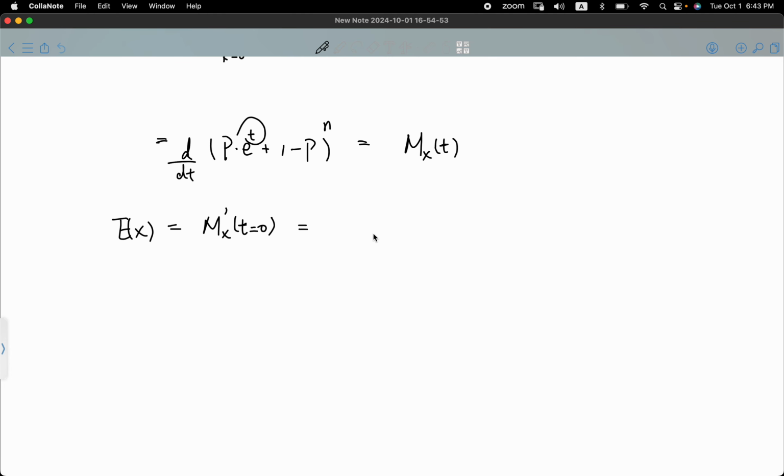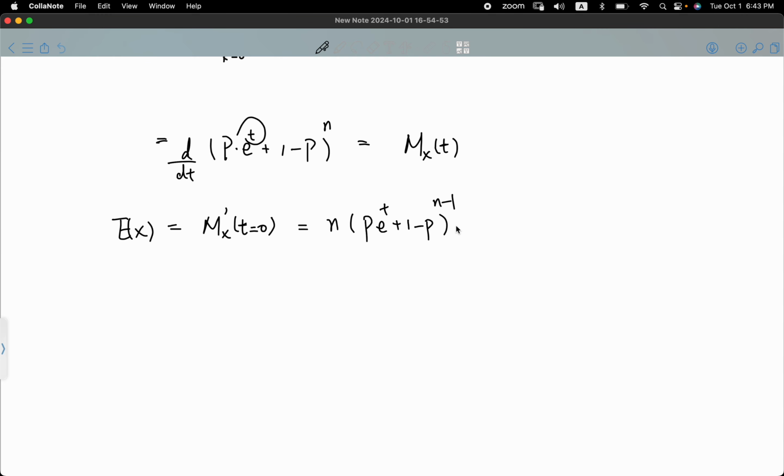Maybe, because we only have 7 minutes, let me provide you the answer. We're going to apply the chain rule again and again because there are the powers, the products, and also the parentheses. Here we have n coming from the power, and then the whole expression plus 1 minus p, raised to n minus 1.